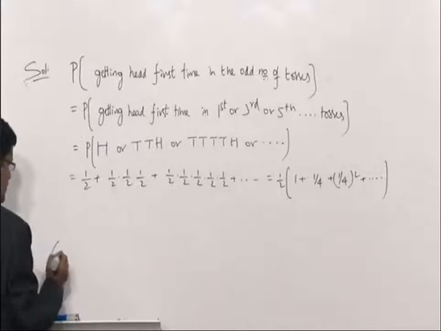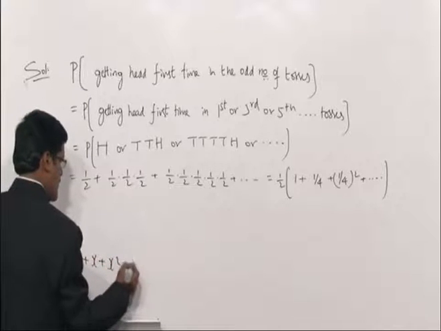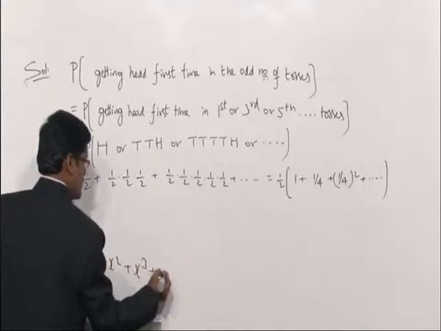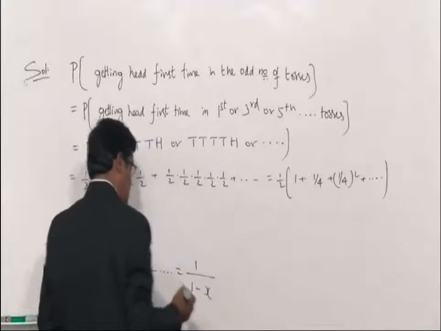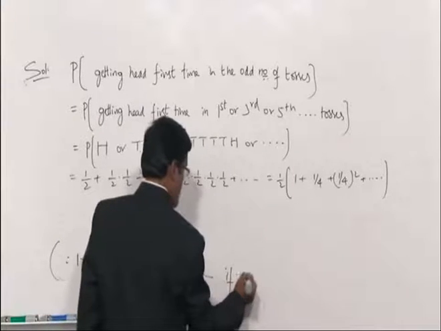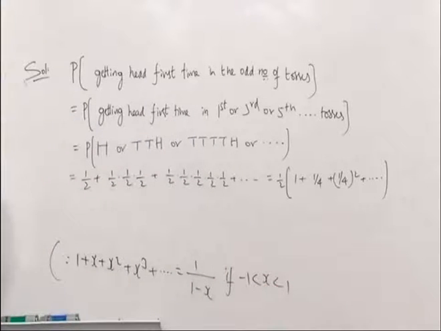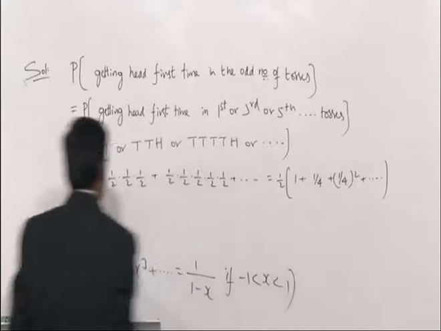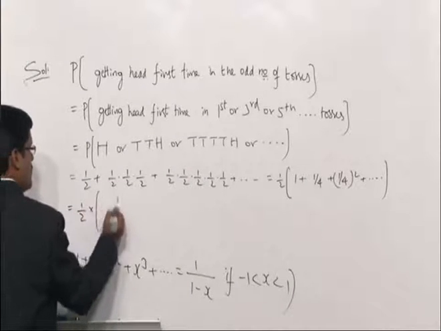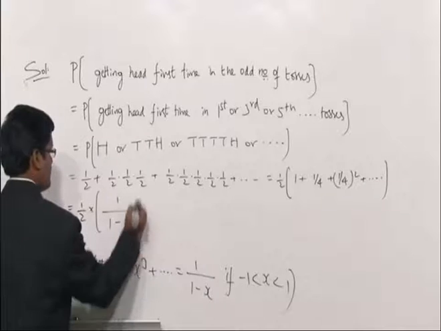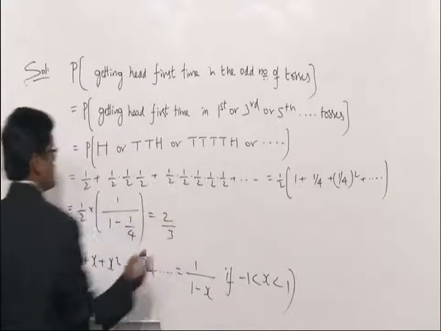We know the formula: 1 plus x plus x square plus x cube plus ... is equal to 1 divided by 1 minus x, if minus 1 less than x less than 1. This is an infinite geometric progression where x is the common ratio. So this is 1 by 2 into 1 by 1 minus 1 by 4. This simplifies to 2 by 3, the answer.